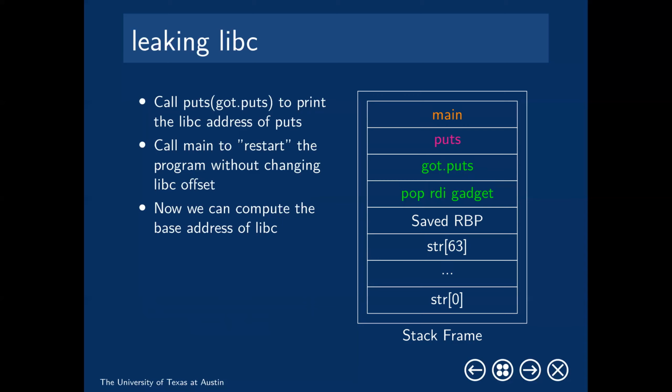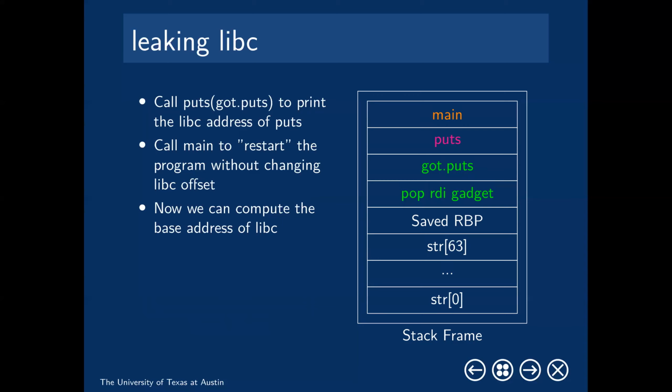ASLR is only in effect when the program is starting. So if we call main again, ASLR does not re-randomize all the addresses. So we've essentially just leaked a libc address and then restarted the binary.